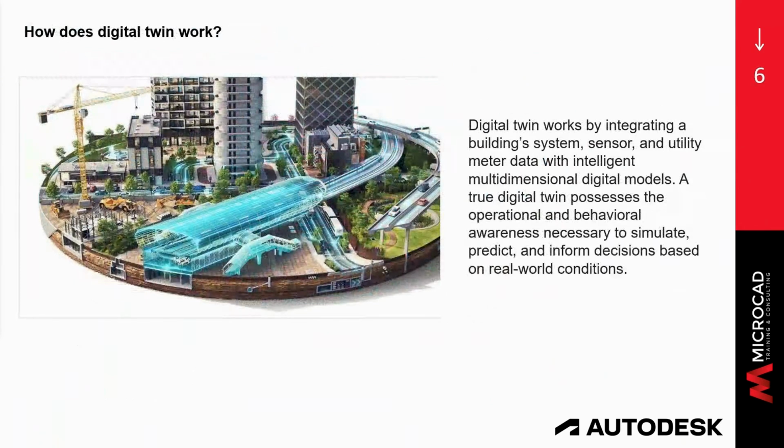How does digital twinning work? A digital twin works by integrating a building system, sensor and utility meter data with intelligent multidimensional digital models. A true digital twin possesses the operational and behavioral awareness necessary to simulate, predict, and inform decisions based on real-world conditions.